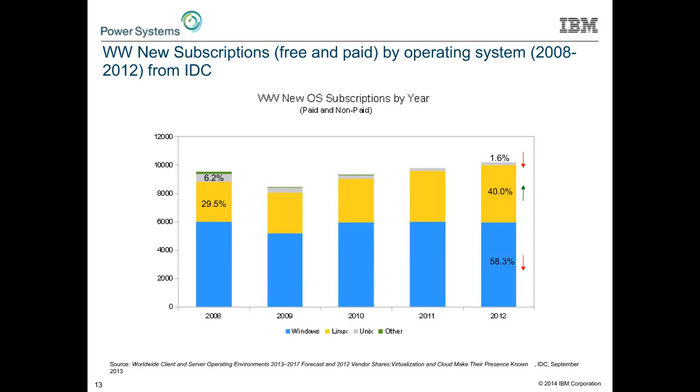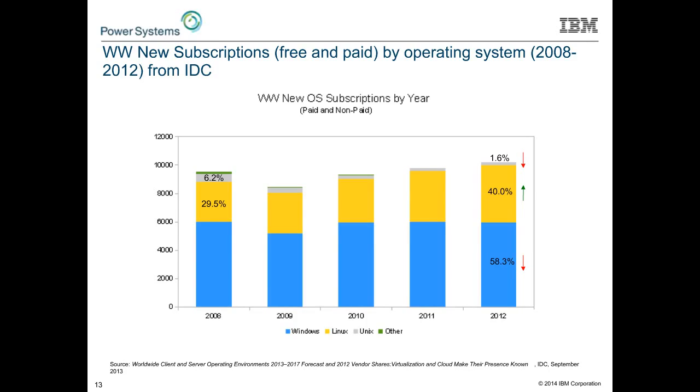We've grown by 30% over those 5 years, and Unix is now down to just over 1.5% from being 6% of the total pie. So it is down both in volume and in percentages. So Windows is clearly a steady environment. Unix is declining, and Linux is clearly growing in volume and percentage of the marketplace.